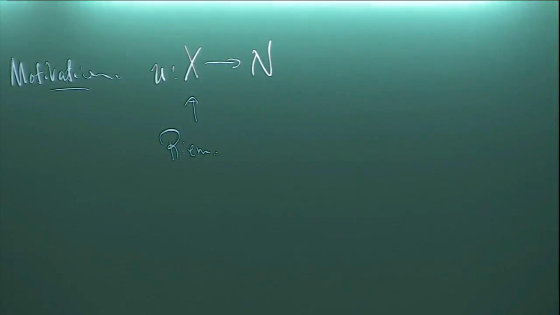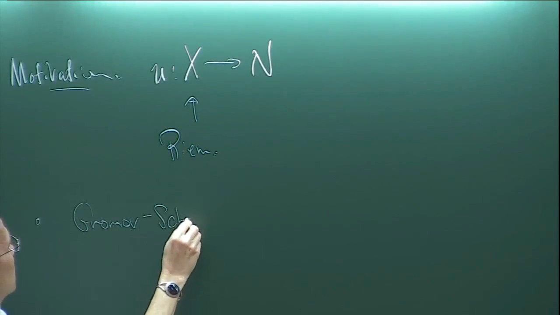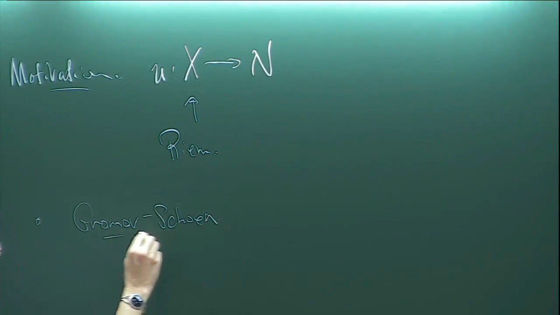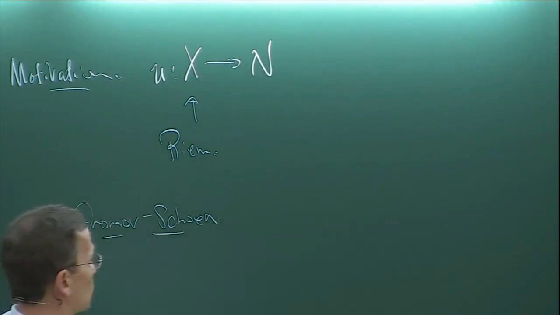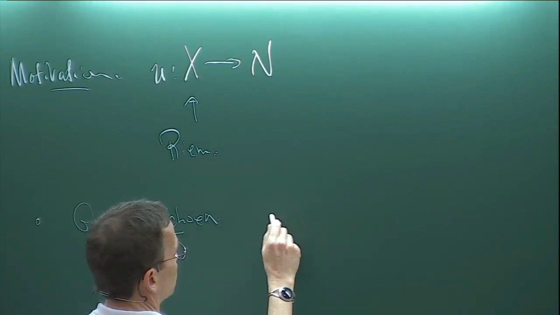So what is one motivation for this problem? Well, it was originally, I guess, an idea of Gromov, and then worked out by Gromov and Schoen, that developing this theory to general NPC spaces could be used to prove superrigidity type theorems.